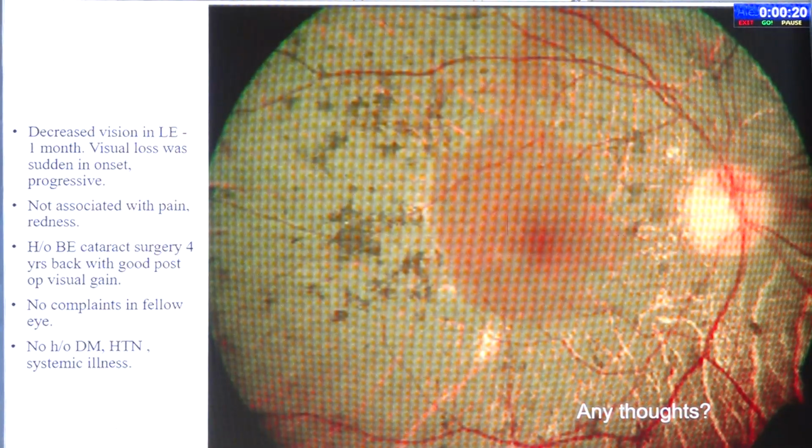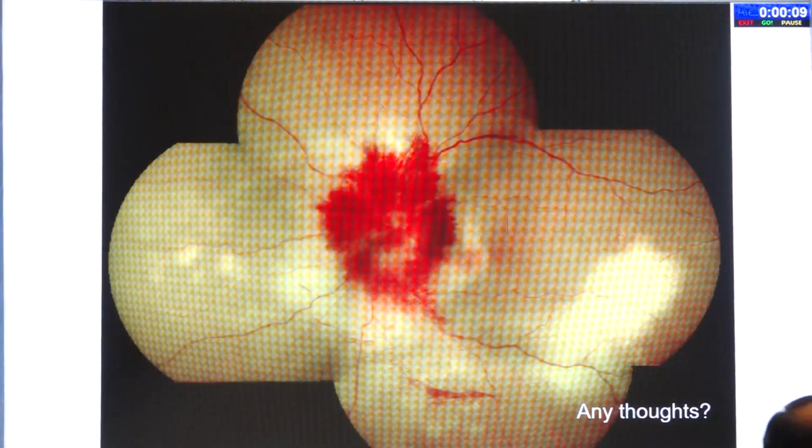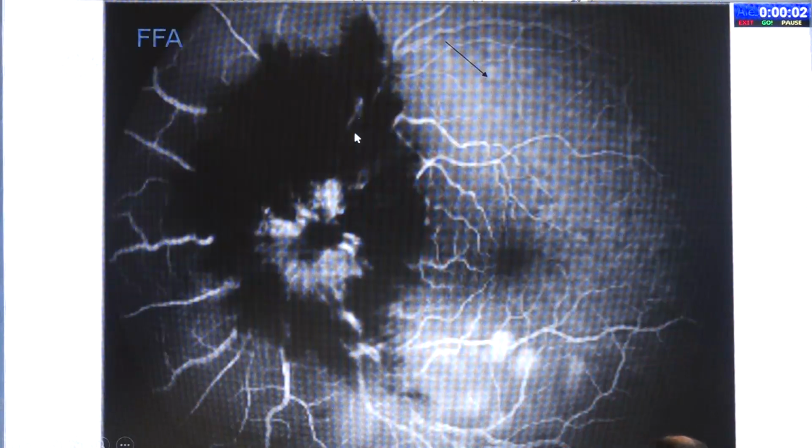Last is lymphoma. Now this patient, actually a very old patient, was thought by somebody to be a patient of retinitis pigmentosa in the right eye, and this was the left eye, which shows disc edema, subretinal lesions, and these yellow lesions.